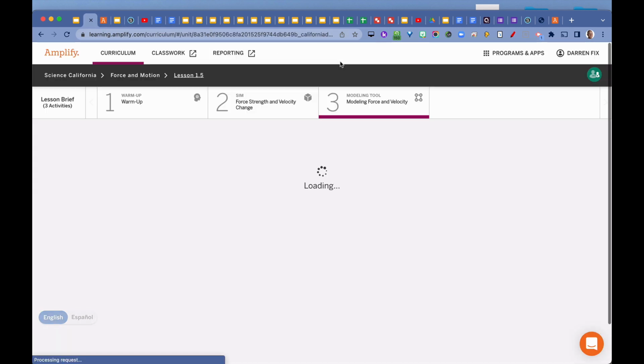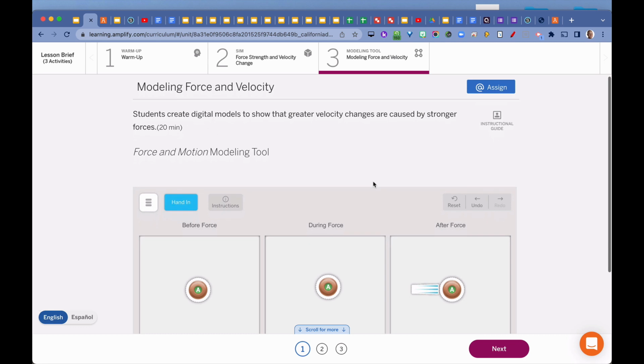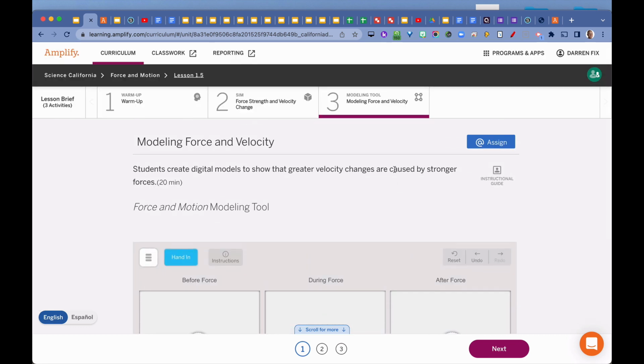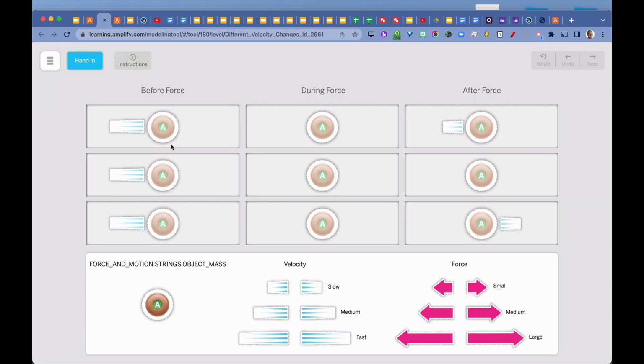Then they had to use a modeling tool to explain how the different changes of velocities happen. For each of the velocity changes, they had to determine which force, direction, and strength caused that velocity change. But first they had to figure out what the velocity change was to begin with. Here's the velocity before the force, here's the velocity afterwards.